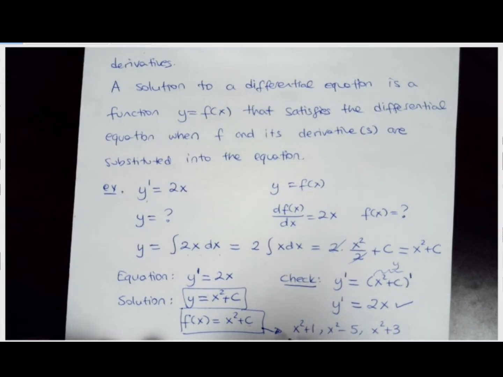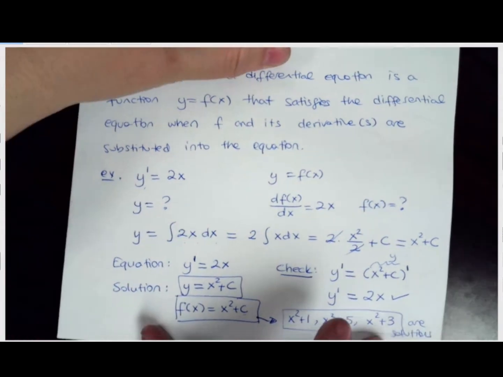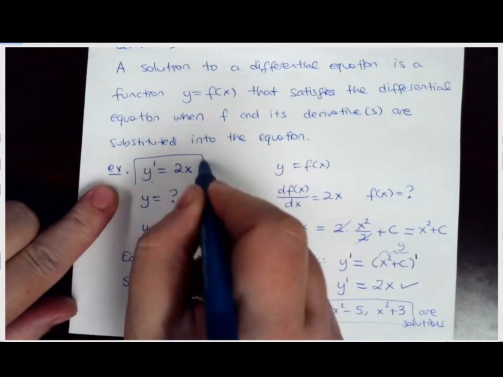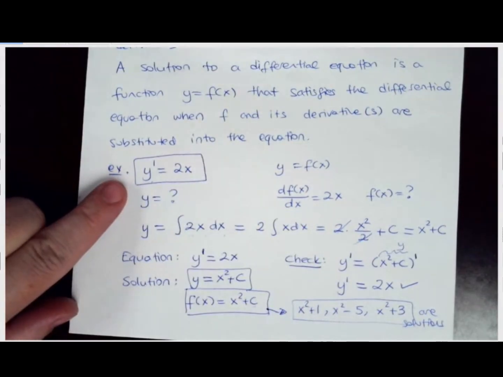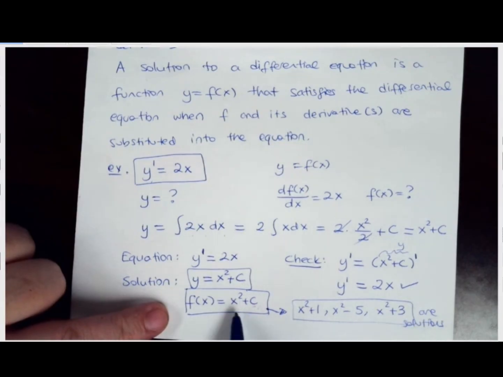All these are solutions as long as you are not given further information in the question. So if this is the equation you have and you are not given any other information, you should just say x squared plus c is the solution, and these are specific solutions. You can just plug in anything for c.